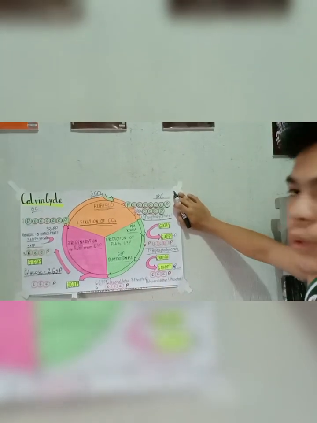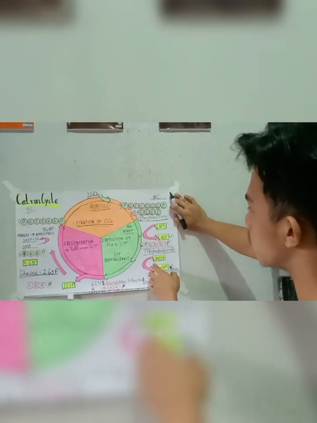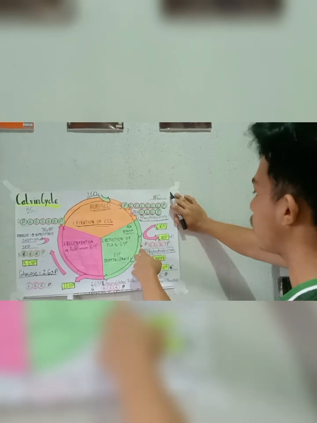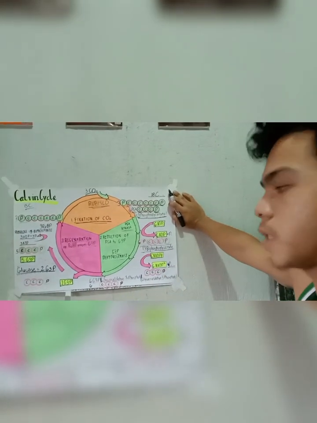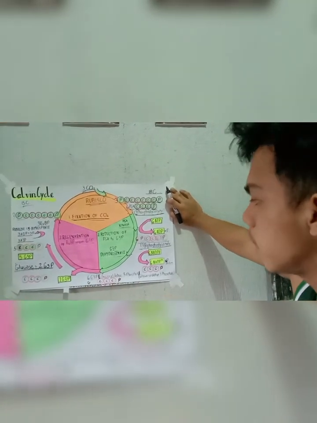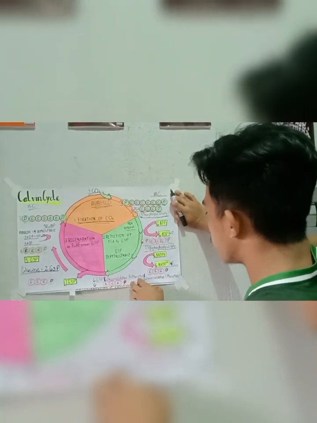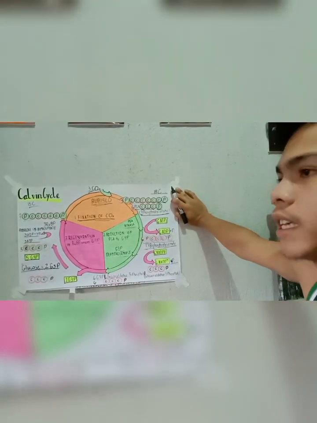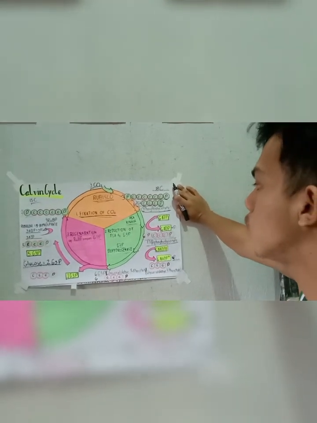And since we use 6 NADPH and convert 6 pieces of 1,3-bisphosphoglycerate, it also results in 6 pieces of G3P. That's what happens in the second stage, the reduction of PGA to G3P.